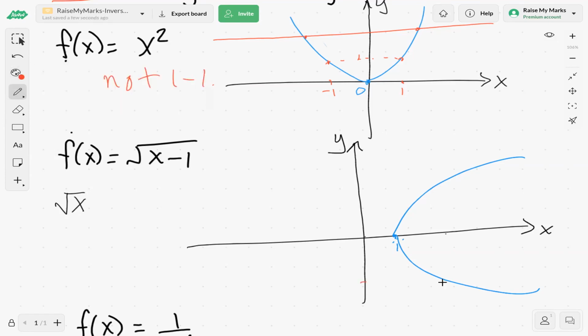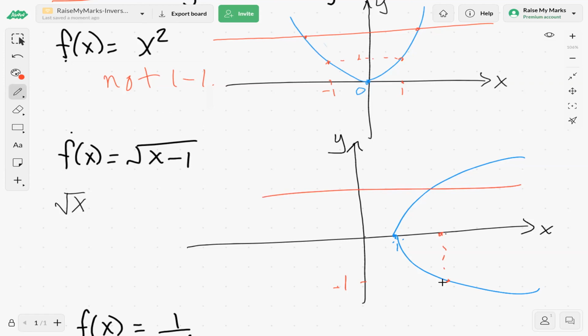How can we determine this? For a particular y value, say -1, we go over to the blue curve and go back up to the vertical axis, and there is a single x value. Another way to determine if a function is one-to-one is to perform the horizontal line test.